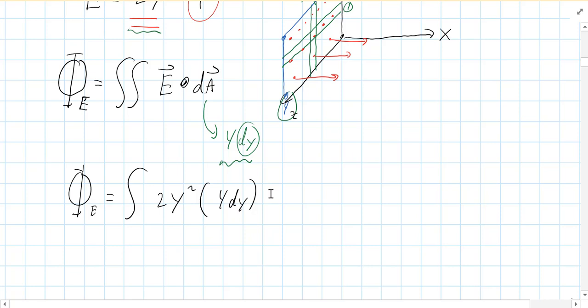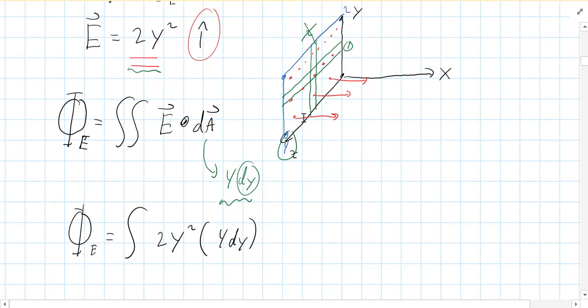Luckily, I don't have to worry about cosine theta here because the angle between the field and the area vector is 0 degrees, or the angle between the field and the area itself is 90. The area vector points to the right, so the cosine is 1. The area vector is to the right, the field is to the right, they're parallel.